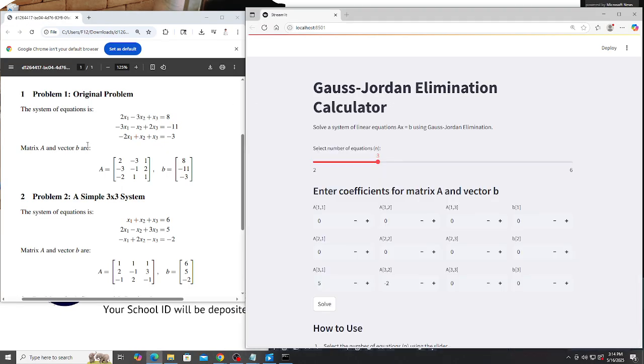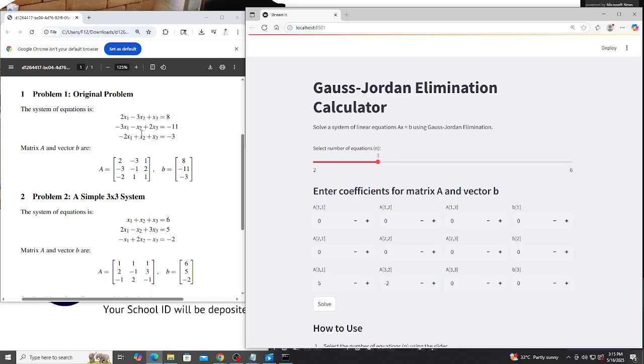our first problem is 2x1 minus 3x2 plus x3, and the second row is negative 3x1 and negative x2 plus 2x3, and the last row is negative 2x1 and x2 and x3.